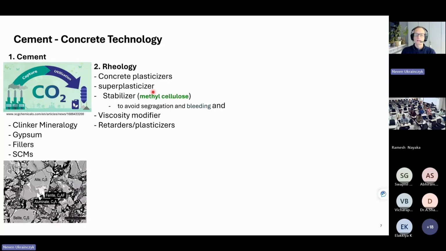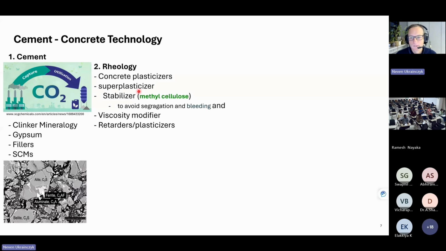It's flowable, you cast it into the mold, and to cast it you need flowing properties. This is the fresh rheology, and later it hardens. So it's actually an amazing man-made material. That's how we can make rock-like construction materials. The chemistry and the science behind it is very amazing.